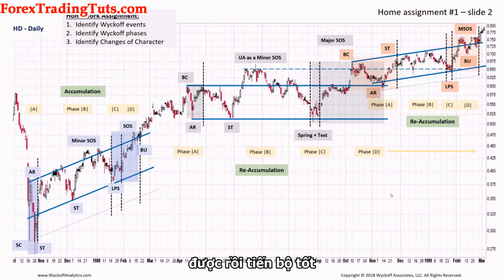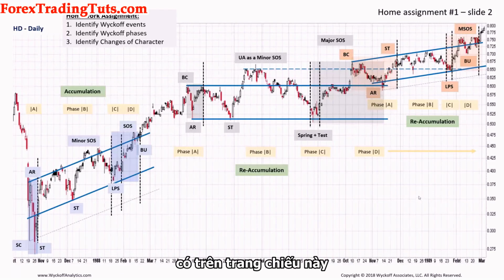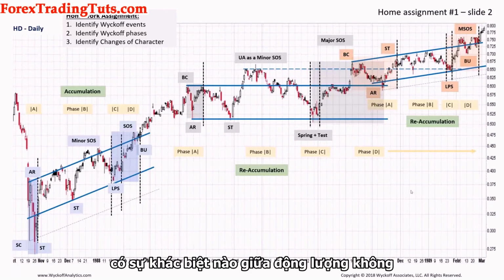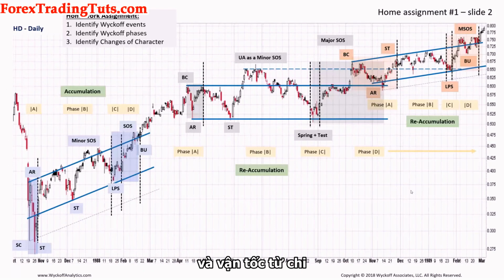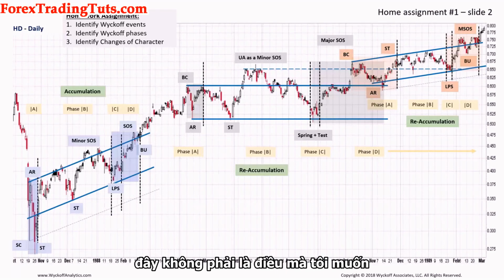All right, good progress. So let me see what kind of questions we have on this slide. Is there any difference between momentum and velocity from Lim? Yeah, there is definitely a big difference between momentum and velocity. This is not something that I want to go into right now.